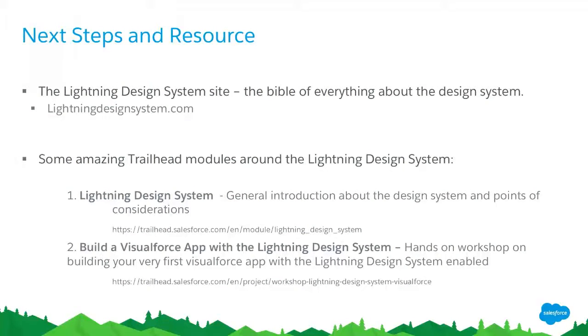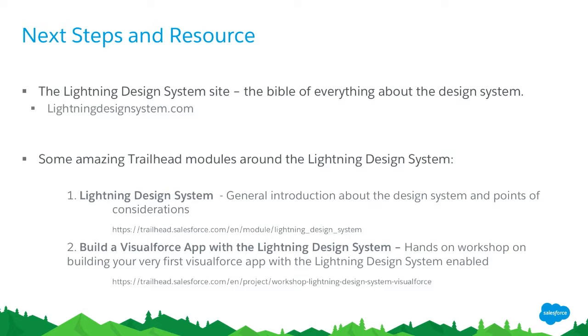So, some next steps and resources. We have the Lightning Design System site. I would say it's the Bible of everything about the design system. As I've said, it's a really good resource for checking out what components you could use. The Lightning Design System is pretty simple.